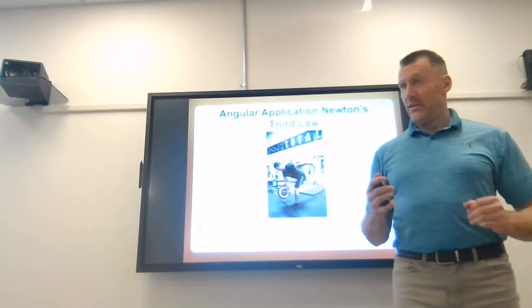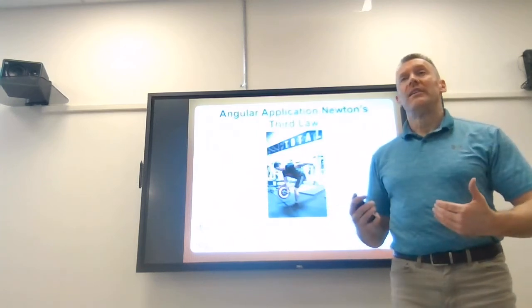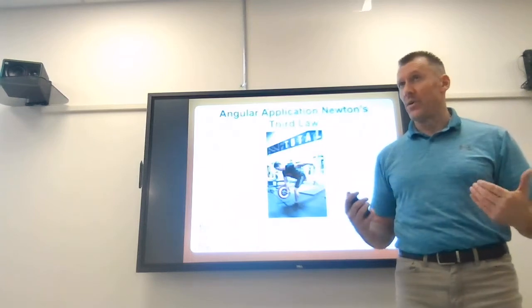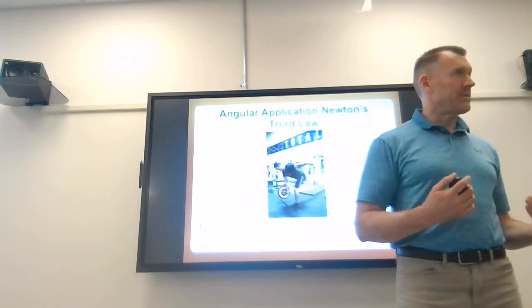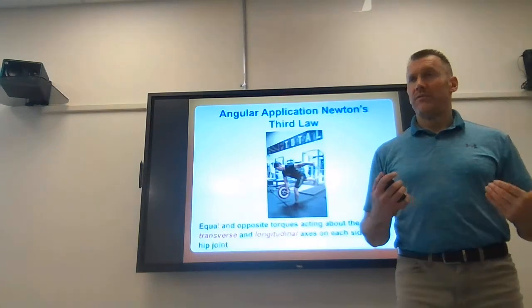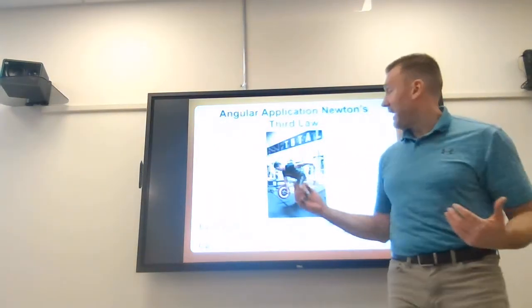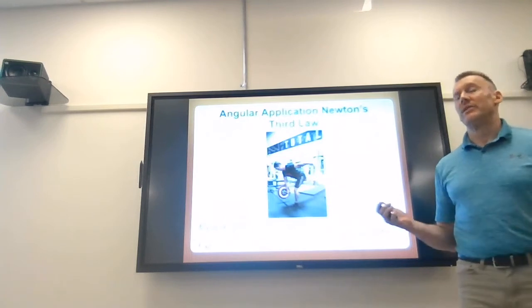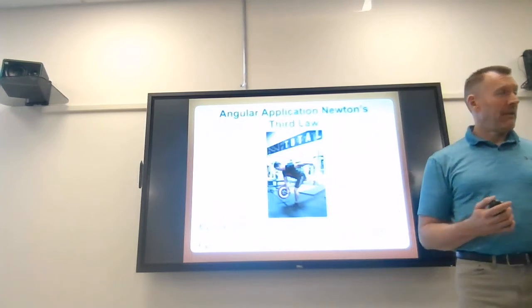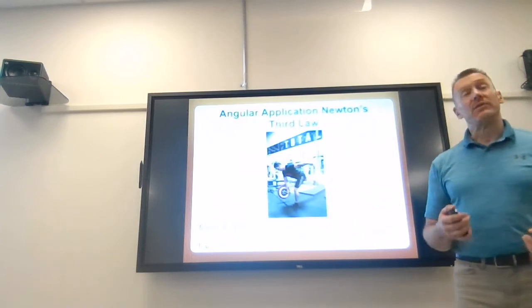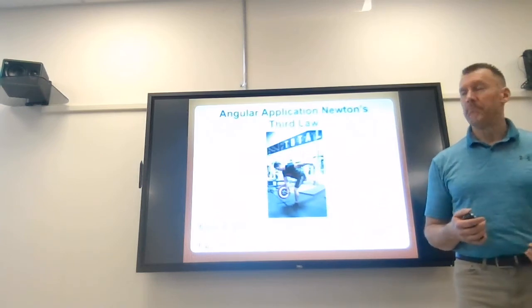For every resistive torque, in order for you to maintain balance, we have to have an equal and opposite torque from our muscles, right? So if our muscular torque isn't matching the resistive torque, what's going to happen? We're going to lose our balance. So muscles create torque that opposes resistive torque from gravity.